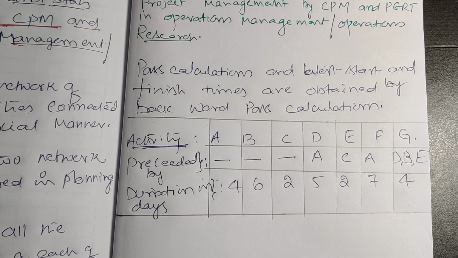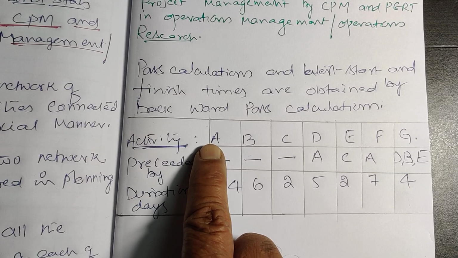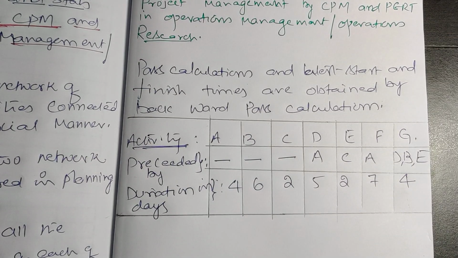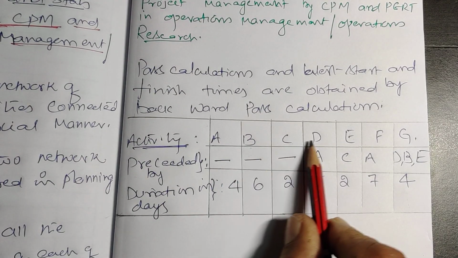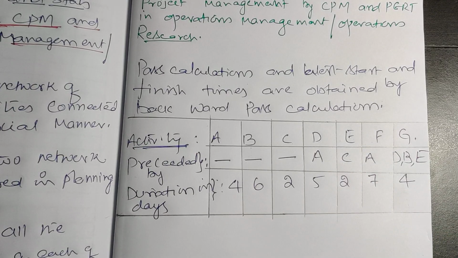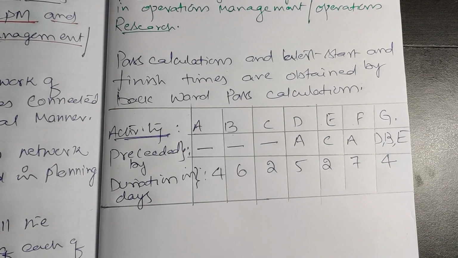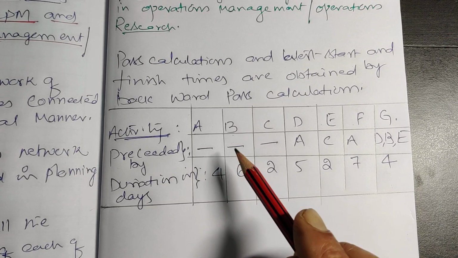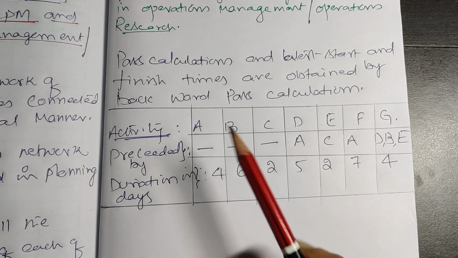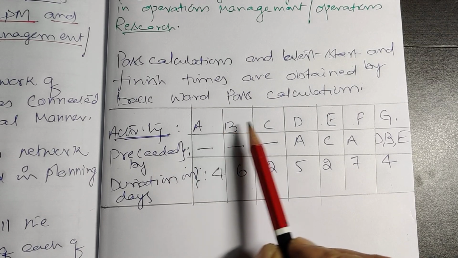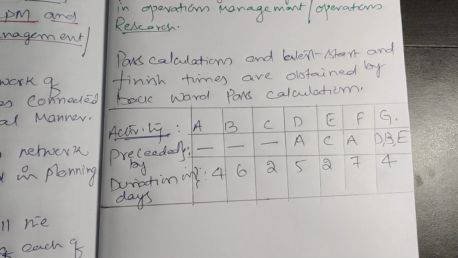How many activities are involved in the given question? 1, 2, 3, 4, 5, 6, 7. So a small project is having 7 activities. And what is the information given? Which activity is dependent on whom?